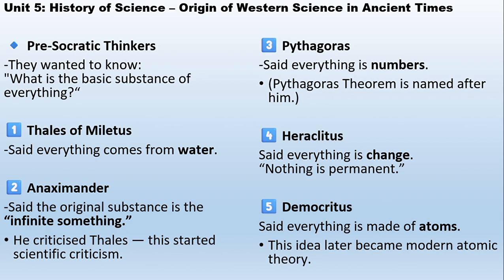Then the third person is Pythagoras. This is where we have the Pythagoras theorem in math. Pythagoras said everything is numbers. The Pythagoras theorem was named after him, and it is about numbers also.